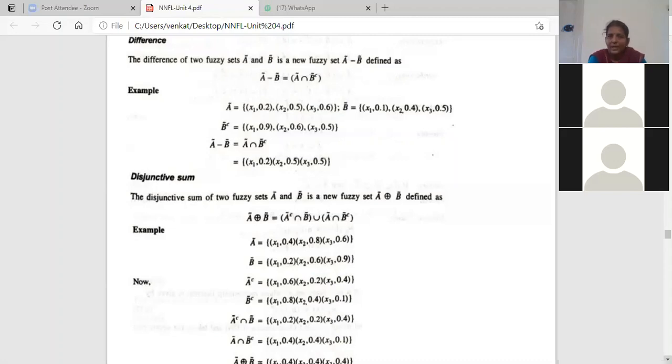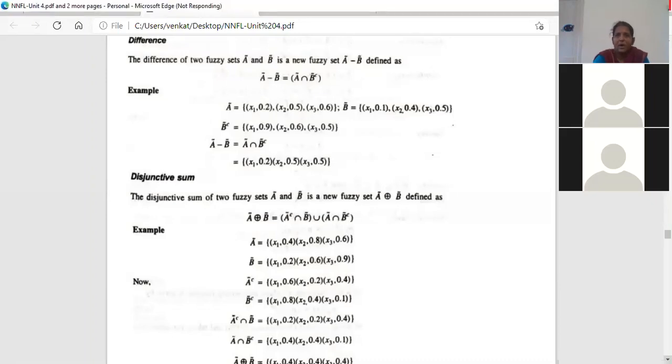So for B complement, you need to first calculate B's complement. B's complement means 1 minus mu B of x. Again, intersection means we need to consider the minimum of the two membership functions.